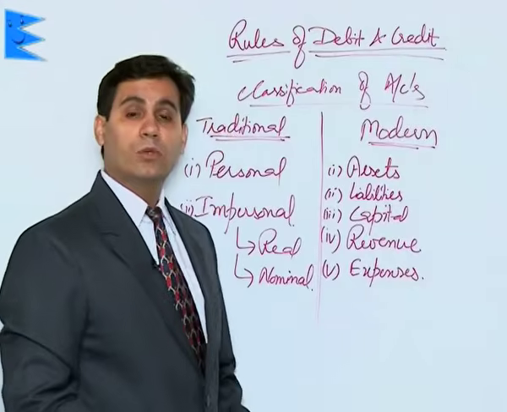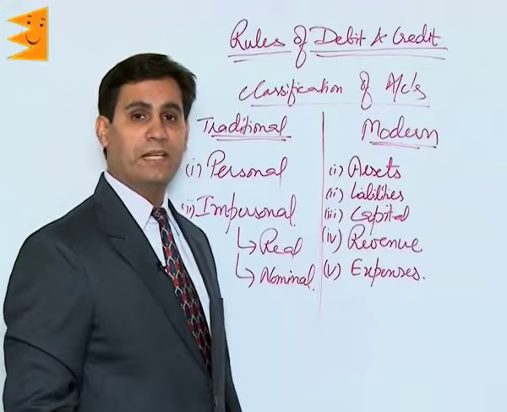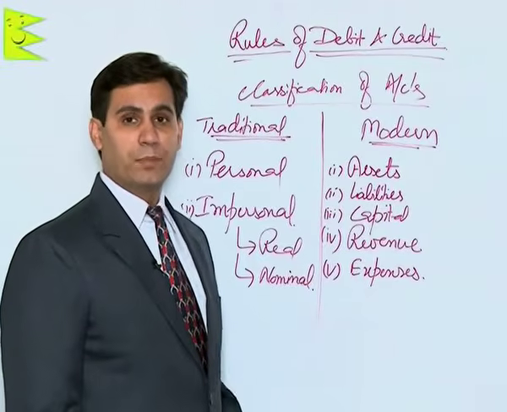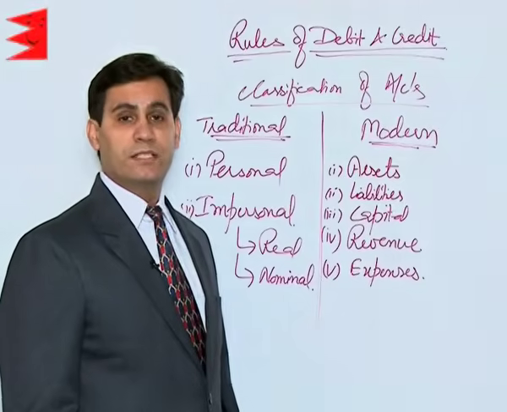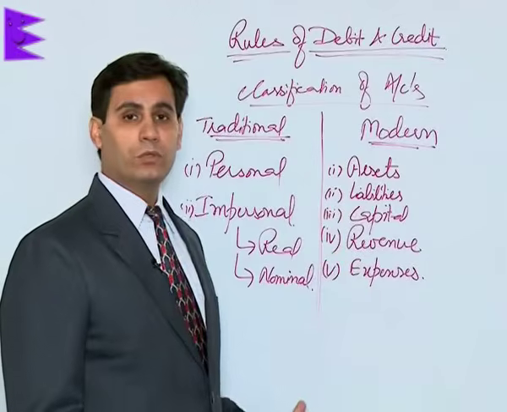Now, we'll learn about how to classify accounts under all these categories and how to identify which account falls under which category. But we must remember that the rules of debit and credit or the increase and decrease actually depends upon which category a particular account falls under.